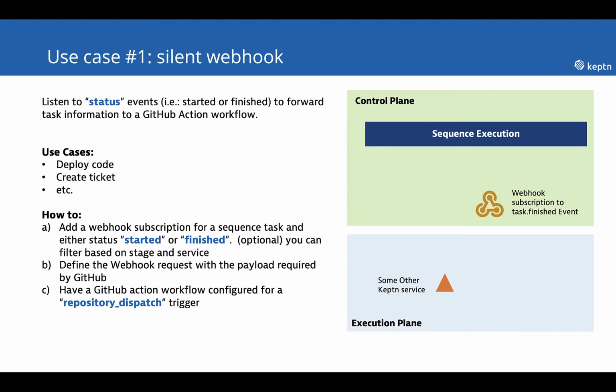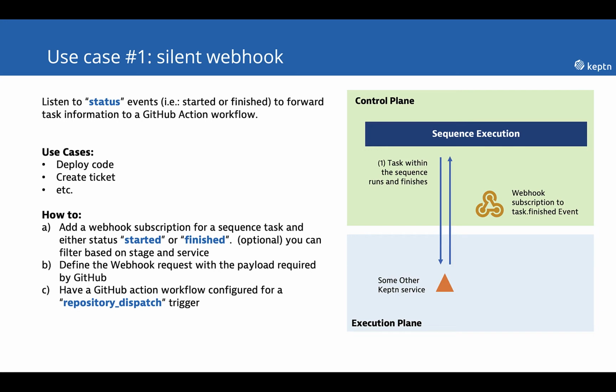The first use case I'm going to do, and there are going to be two, is this silent webhook. If you look on the right at the animation, we have a sequence that's executed in the Keptn control plane that's going to trigger some tool. In my demo, I'm going to show an SLO validation as my task.